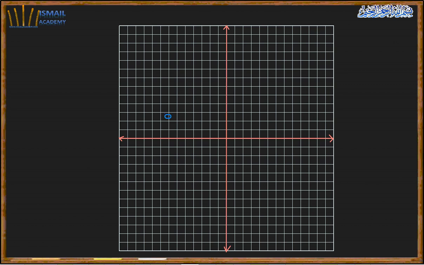So I keep moving that line horizontally. How many points does the line cross the graph? I look, it's only one.